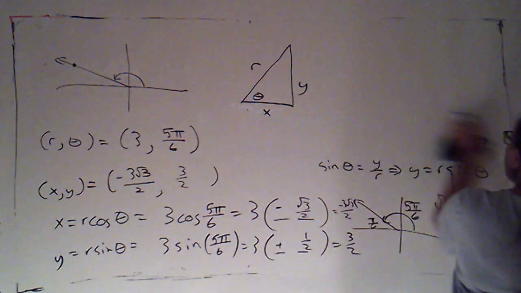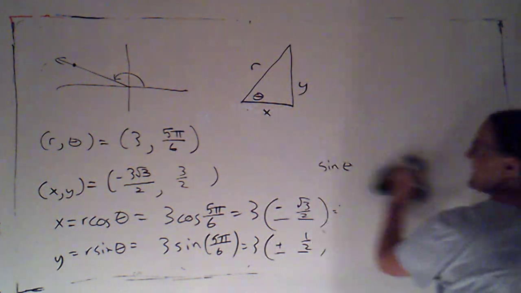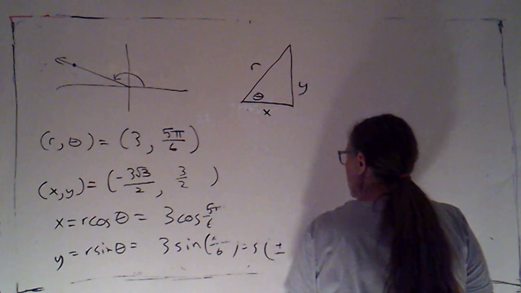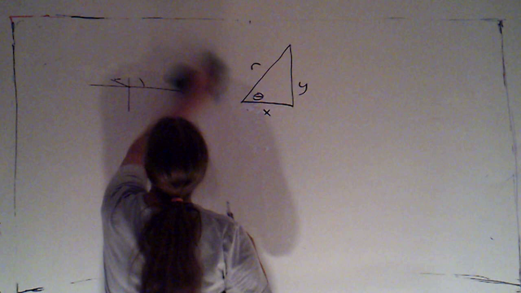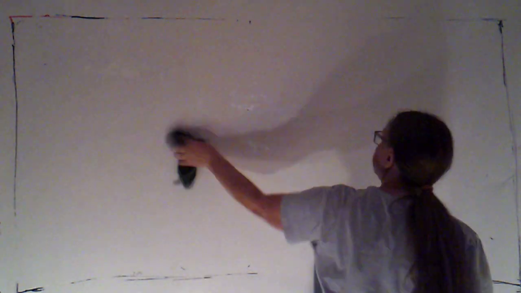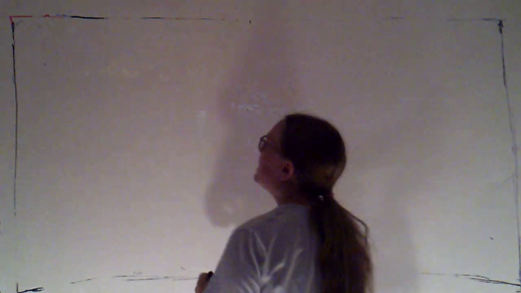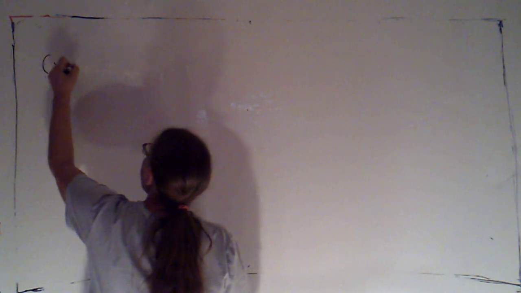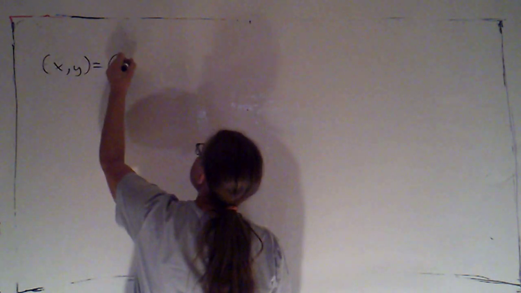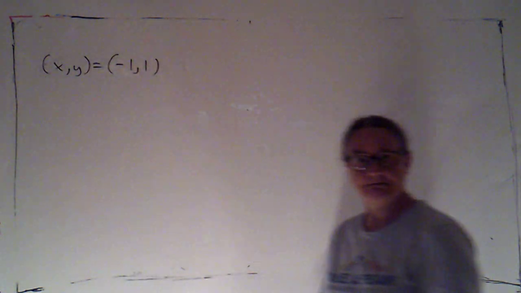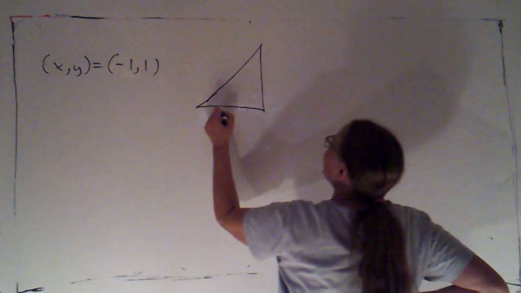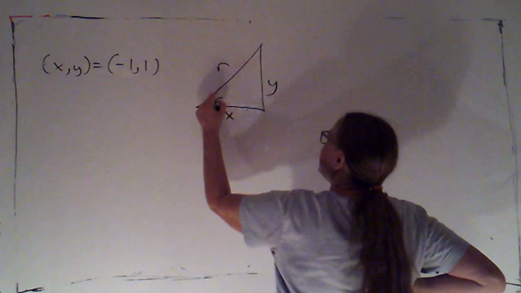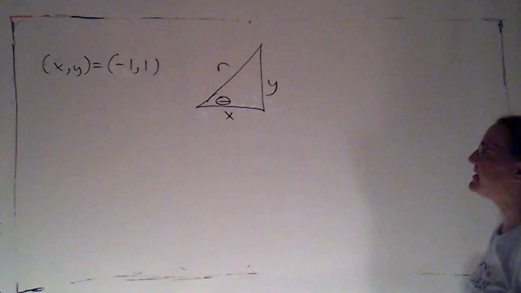Let's try one where we go the other way. Let's start with rectangular coordinates and go to polar. So let's say I have x, y is negative 1, 1. And I'm going to remind myself that here's my triangle that helps me to remember my conversion formulas.